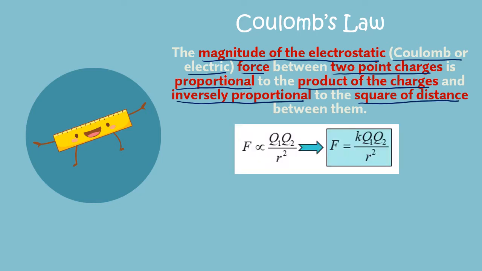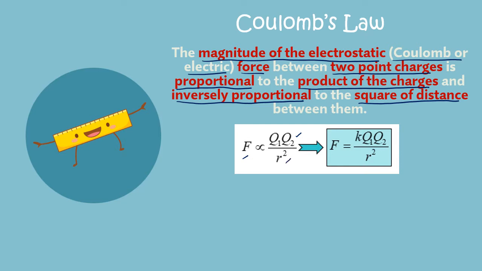Mathematically, we can write F directly proportional to the product of the charges Q1 and Q2 and inversely proportional to the square of the distance between them, R squared.